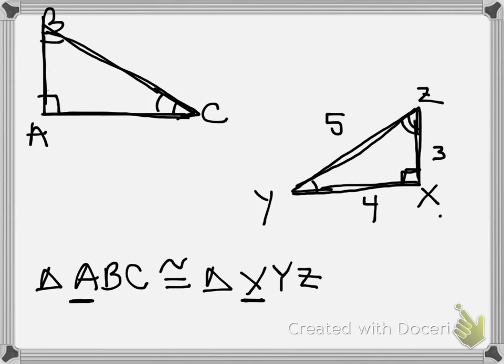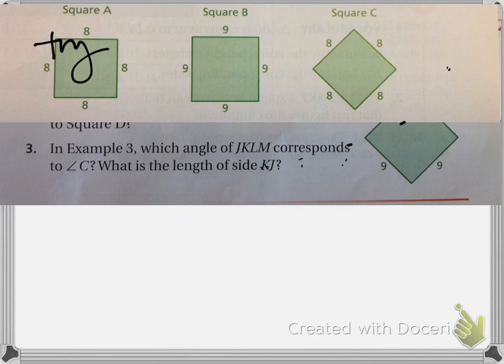Side AB is 3, side XZ is 3, so they're the same. Angle B is congruent with angle Y, and angle C is congruent with angle Z. All the angles are congruent, all the sides are congruent, therefore triangle ABC is congruent to triangle XYZ.